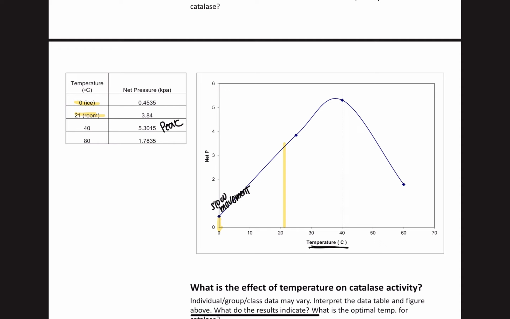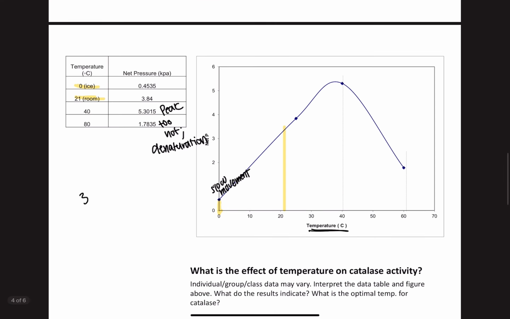And when we get to temperature 60, our activity drops off sharply because we have heat-induced denaturation. So we actually know that 37 degrees Celsius is its optimal temperature, but we didn't specifically measure 37 degrees Celsius. Based on the curve, we can infer that it's just below 40.